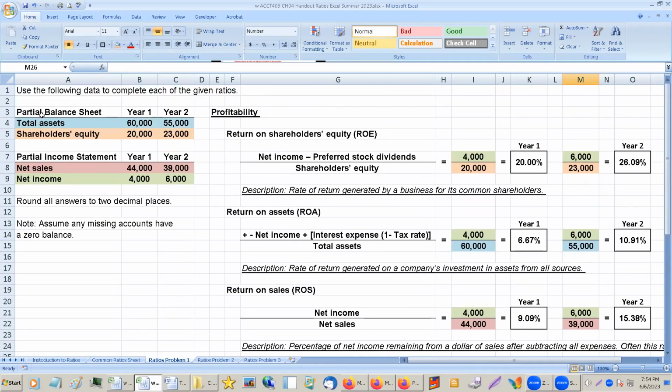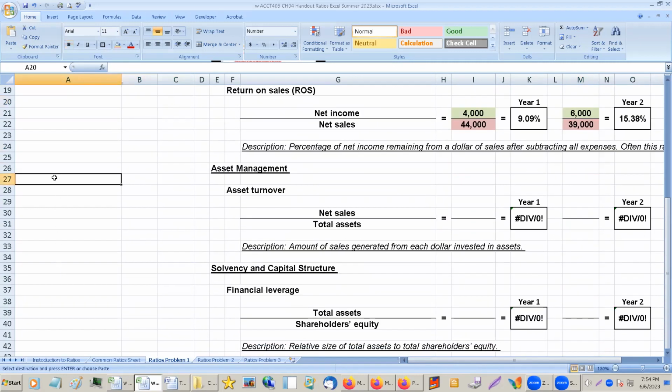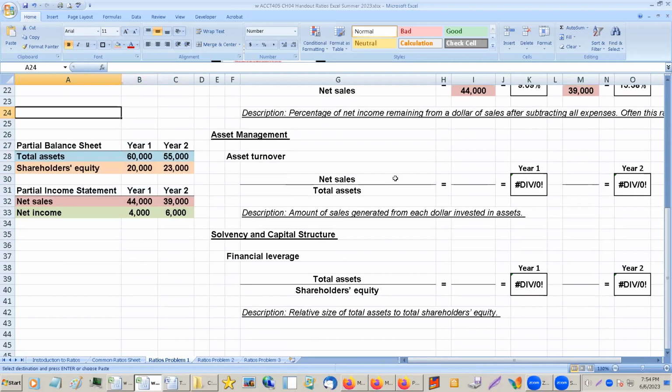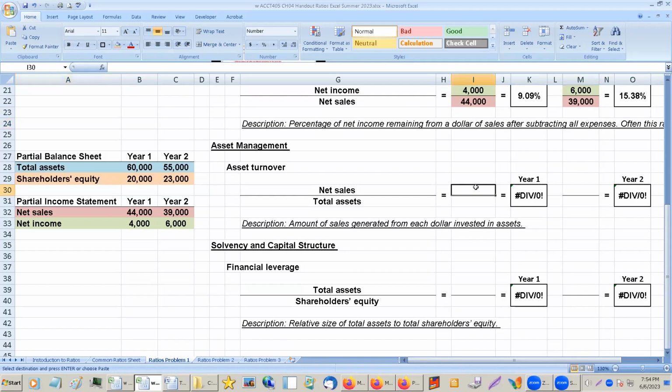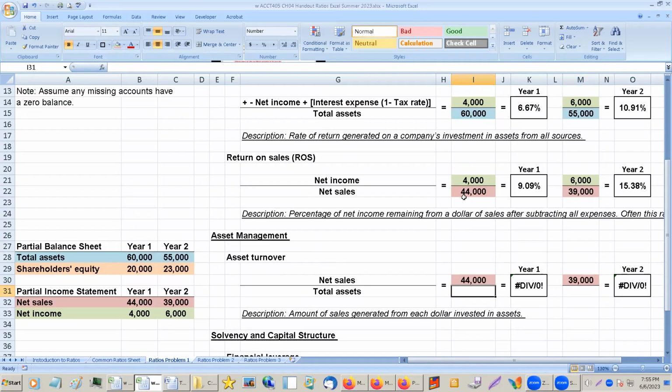I am going to copy this down here just to keep them close by. Okay, coming down here, net sales, for total assets, we had those two somewhere.